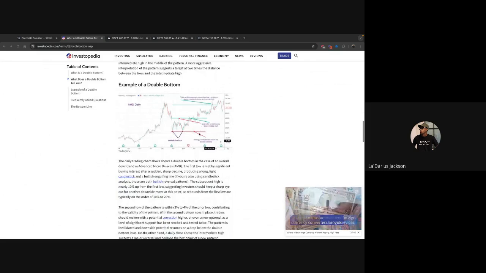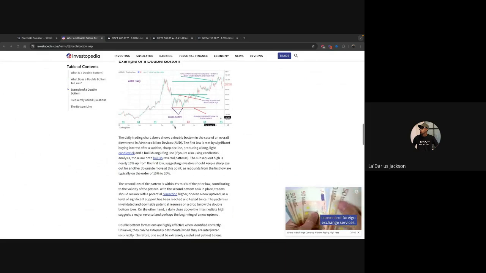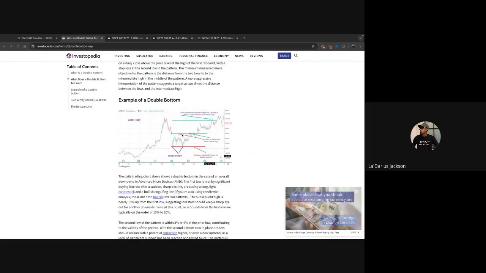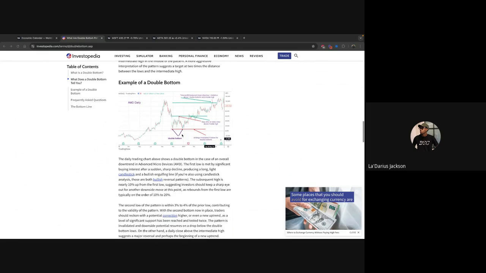A double bottom, can I zoom in on this a little bit? No, it's not going to let me. But a double bottom, you can see in this picture they have this green line here for basically where it started. It went down to the bottom, came up in the middle, went down to the bottom again, and then it ended where it started in this area.